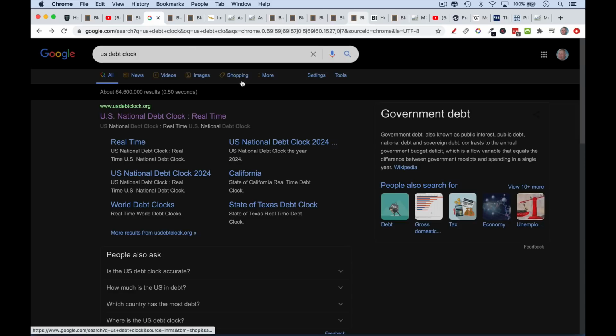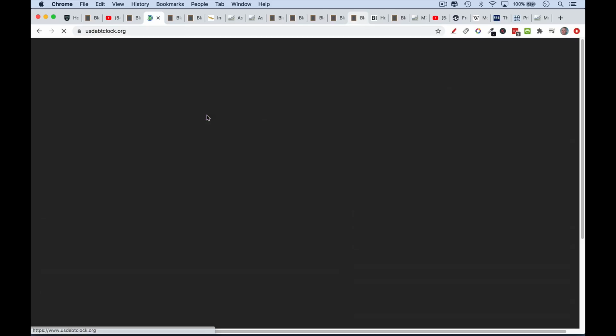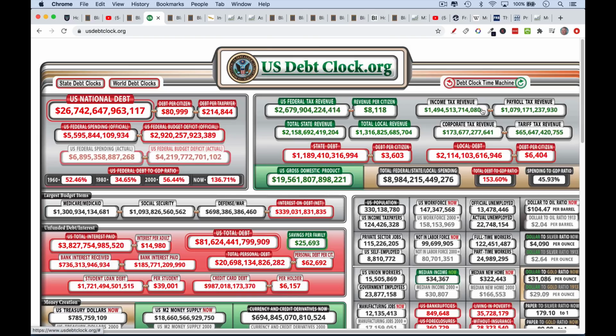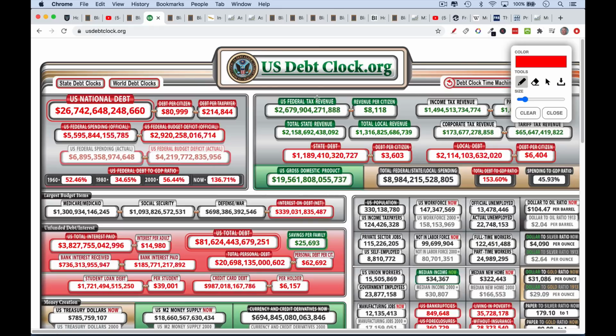Now, why does the government need to issue bonds, issue treasuries? Basically, because of the amount of spending that's currently going on. So if we take a look at the U.S. debt clock here, the federal tax revenue, I believe these are 12-month figures, is about 2.6, 2.7 trillion, and the federal spending is 5.595 trillion.